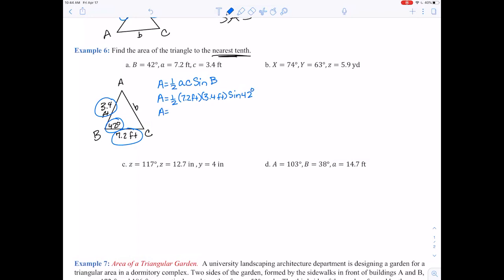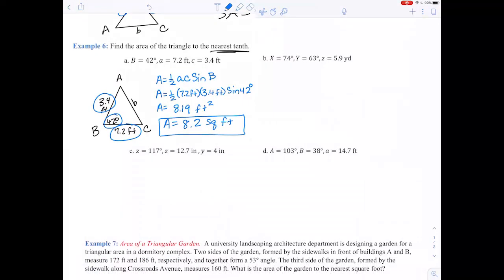We'll plug that into the calculator: 0.5 times 7.2 times 3.4 times the sine of 42. Please remember to put your calculator in degrees, and we get 8.19 feet squared. So the area to the nearest tenth would be 8.2 square feet.